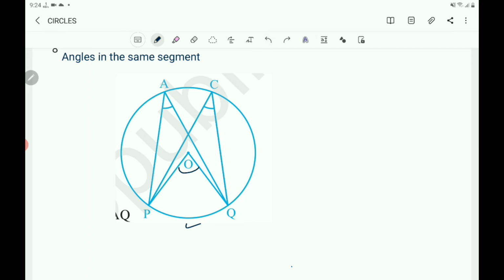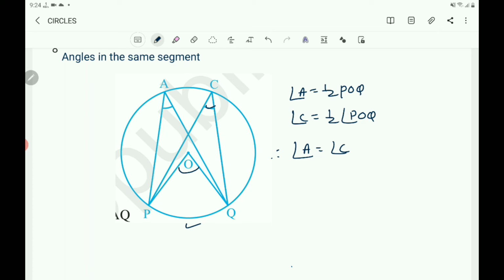Now you know that angle A is half of angle POQ. Angle C is also half of angle POQ. That is, angle PAQ equals half angle POQ, and angle C equals half angle POQ. Therefore, you can say that angle A equals angle C.